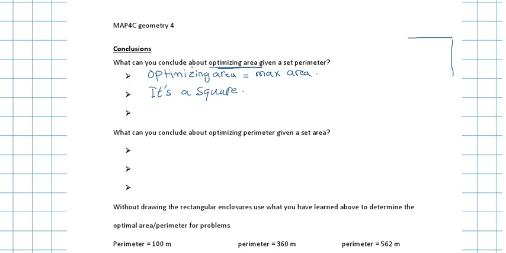So for the area, it would be L squared. And for the perimeter, it would be 4L because it's L plus L plus L plus L. So these are the formulas that we're going to use when we are maximizing or minimizing areas.